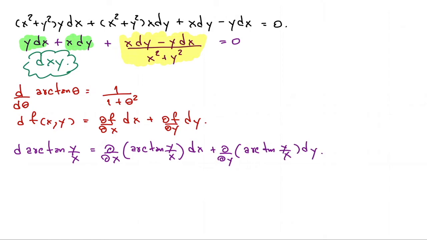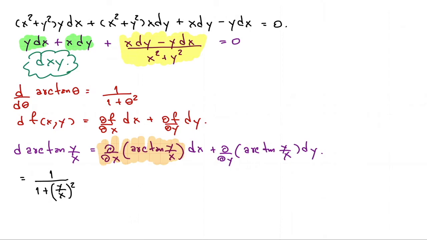And guys, d by dx of arctan(y over x). I'll look at this one first. We need to take this variable as u, right? And then we apply the chain rule. Remember? So we have 1 over 1 plus (y divided by x) squared.